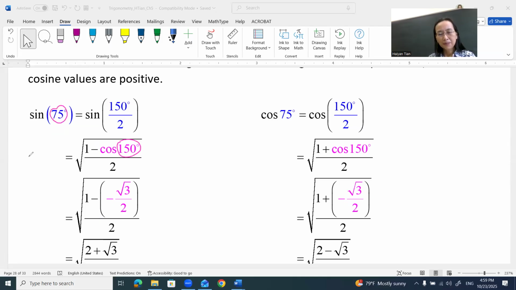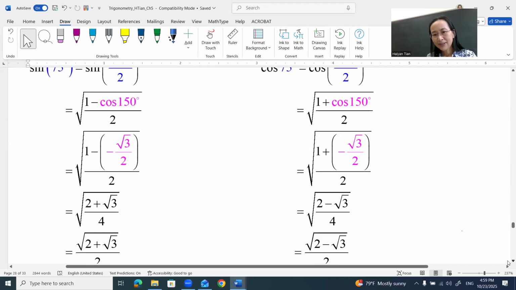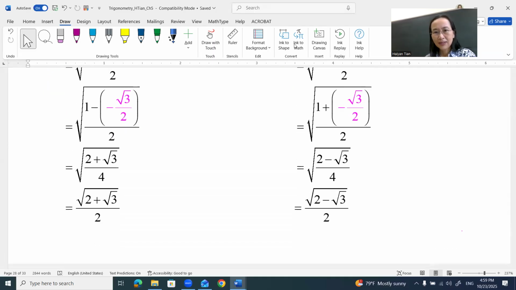So you see, this is the only difference. Then you proceed very similarly, and then you get the final answer for cosine of 75 degrees.